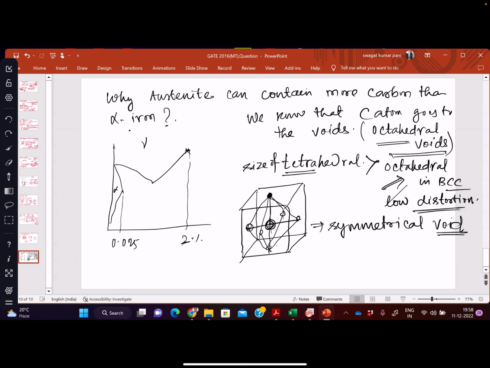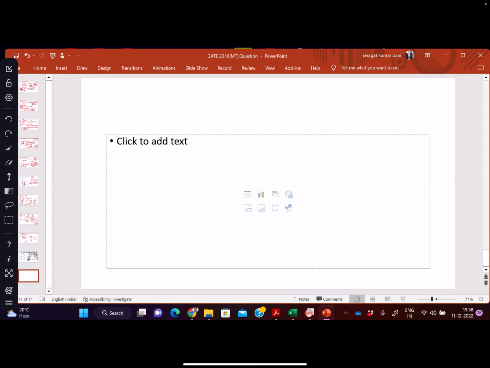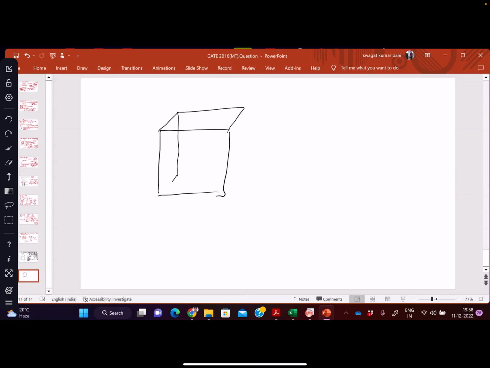But in BCC, what is the position of octahedral void? So this position is the octahedral void of BCC.